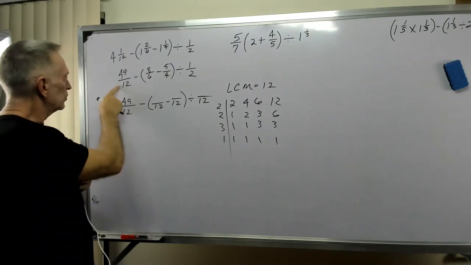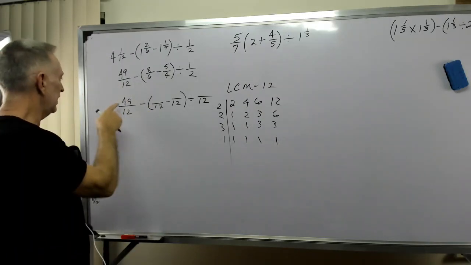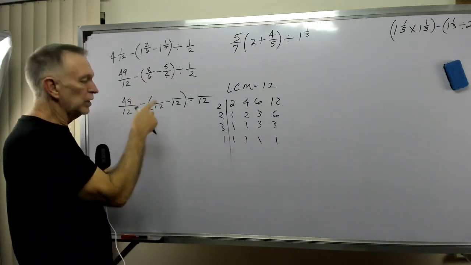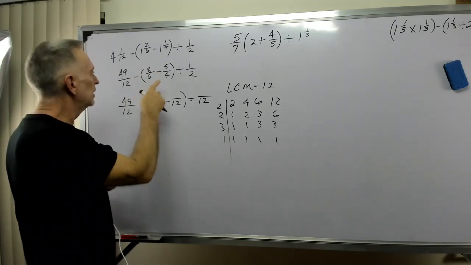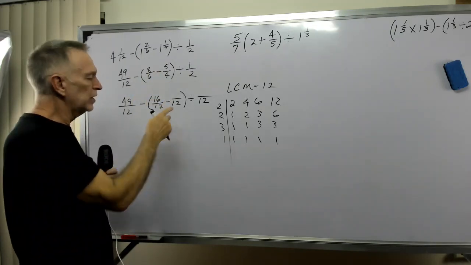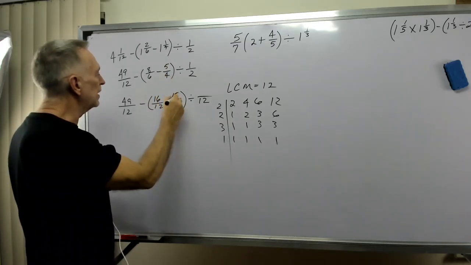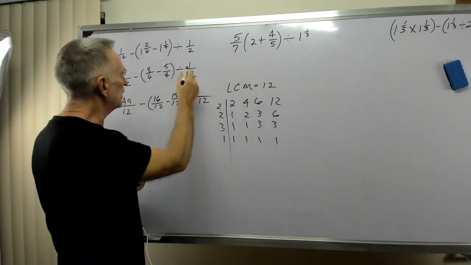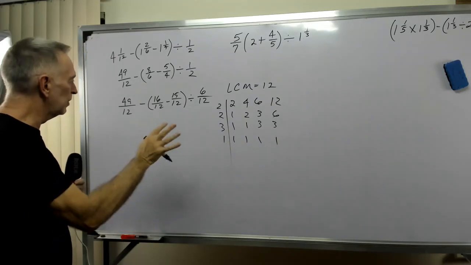The rule is 12 goes into 12 how many times? 1. 1 times 49 is 49. 6 goes into 12 2 times. 2 times 8 is 16. 4 goes into 12 3 times. 3 times 5 is 15. Okay, 2 goes into 12 6 times. 6 times 1 is 6. We didn't have to do that one, but we did.